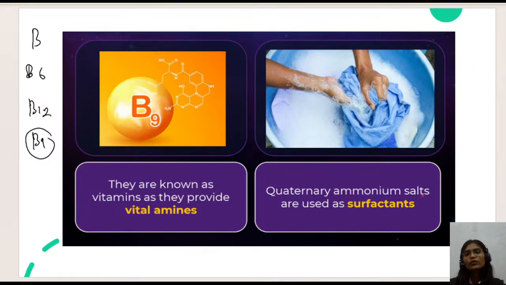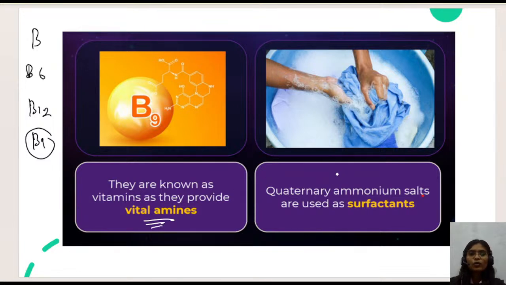I guess you already know, if there is a deficiency of vitamin B in our body, we suffer from beriberi disease. Again, it's a very normal science class question, right? Don't worry, in the biomolecules chapter we are going to discuss vitamins in much more detail. Again, it's a vitamin amine. In the structure of vitamin B12, yes, there is an amine present.